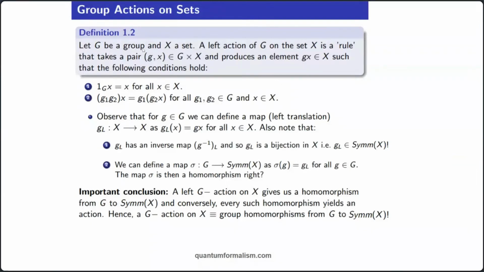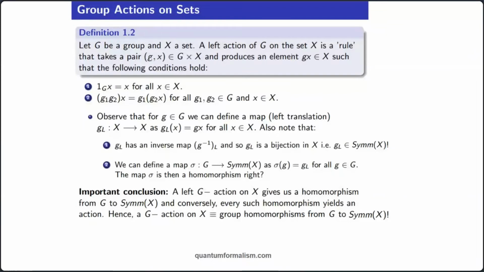So given a group G and a set X, a left action of G on the set X is a rule that mathematicians invent that takes a pair in the Cartesian product of G with X, this pair (g, x), so g belongs to the group and x belongs to the set, and then it spits out an element that we write gx that belongs to X.